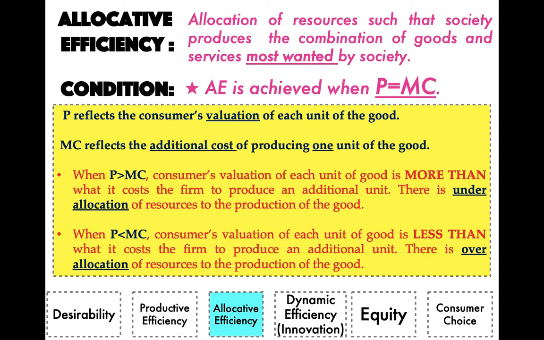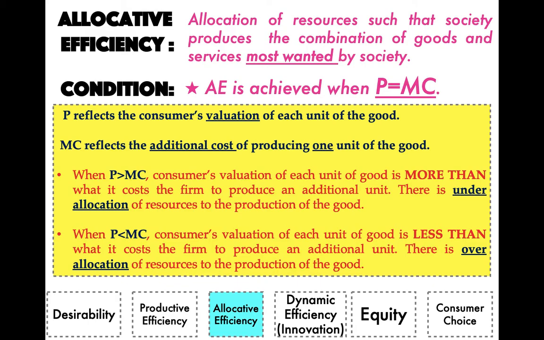It signals that consumers do not value the good as much as what it costs the firm to produce, and therefore too many of the goods are being produced in the market. There is over allocation of resources to the production of this good, and they should reduce the amount of resources being devoted to the production of this good, right?